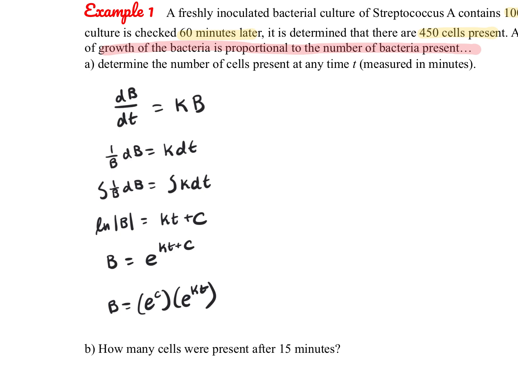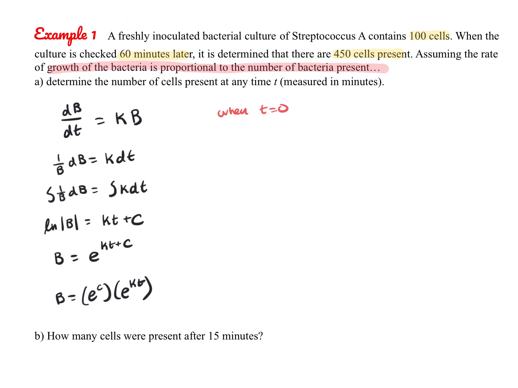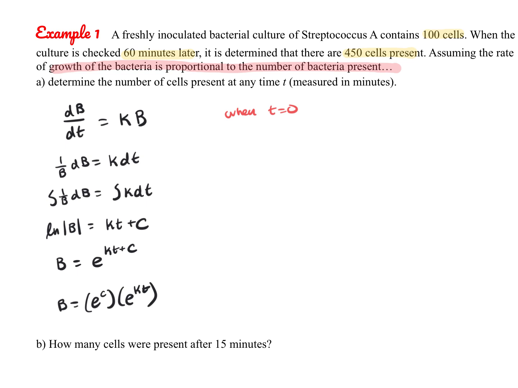So we're told in the problem that when time is 0, when it started, it says freshly inoculated, which implies that that's the starting time, the number of cells, which is b, was 100. So we're going to substitute those values in. So 100 equals e to the c times e to the power of k times 0, which is just 1.